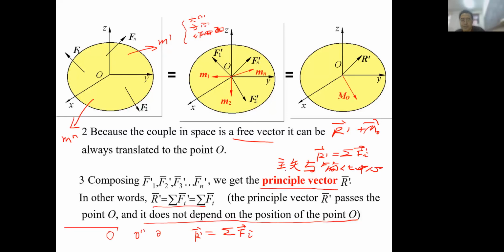The magnitude and direction of the principal vector R prime have nothing to do with the point you select. We try to move all the forces onto this point, but it will have no effect on the final result of the principal vector R prime. See, this is a very important characteristic, right?